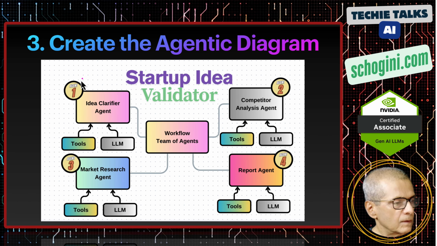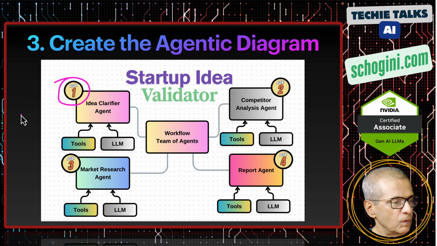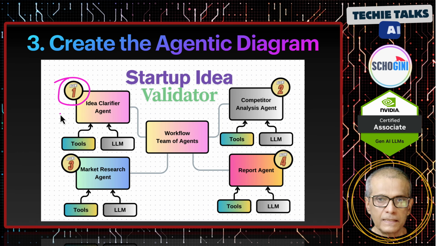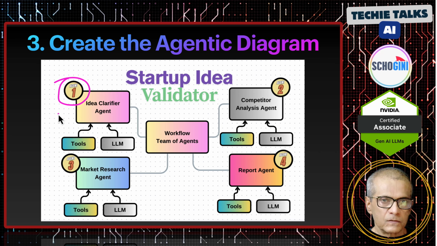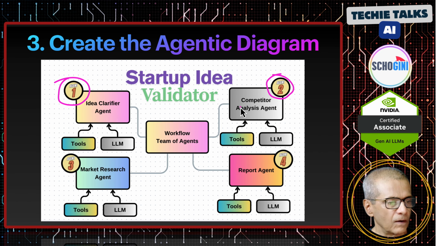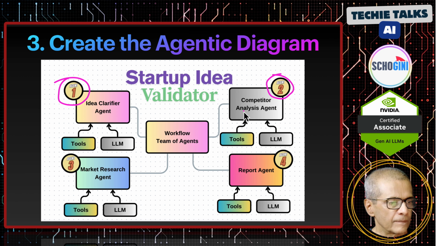Okay, so we have agent number 1, idea clarifier agent. So this agent's focus is to bring clarity on the startup idea itself. We are not validating if the idea is good or bad. It is elucidating the idea itself. Second agent, competitor analysis.